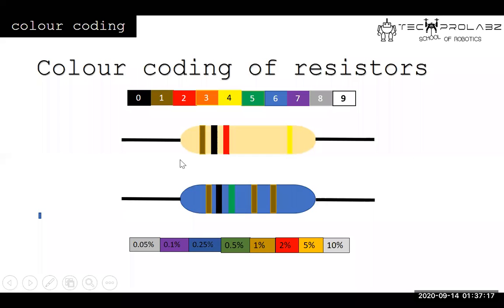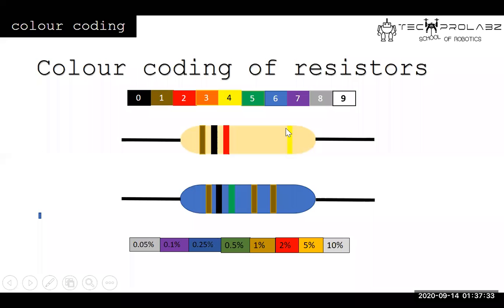Actually the color represents a number. You can see here, 0, 1, 2, 3, 4, 5, 6. And on this side you see the actual value of the resistor, and on this side is the tolerance band.